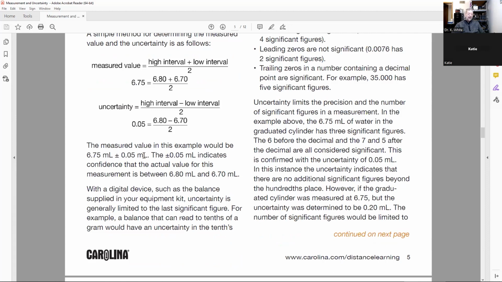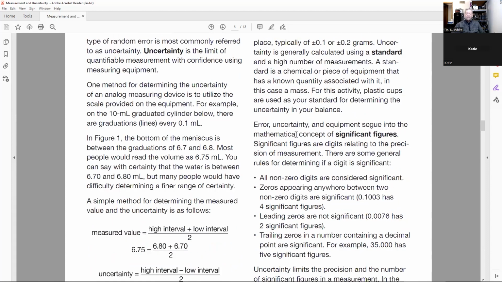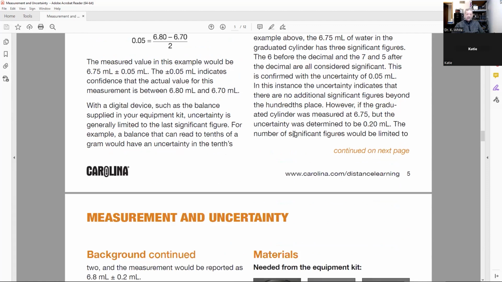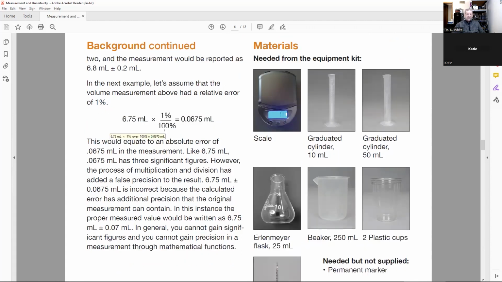And that's how you get it on glassware. Now, don't forget, use significant figures. And they talk about how to do that. I've already taught you that. I continue on significant figures and accuracy.